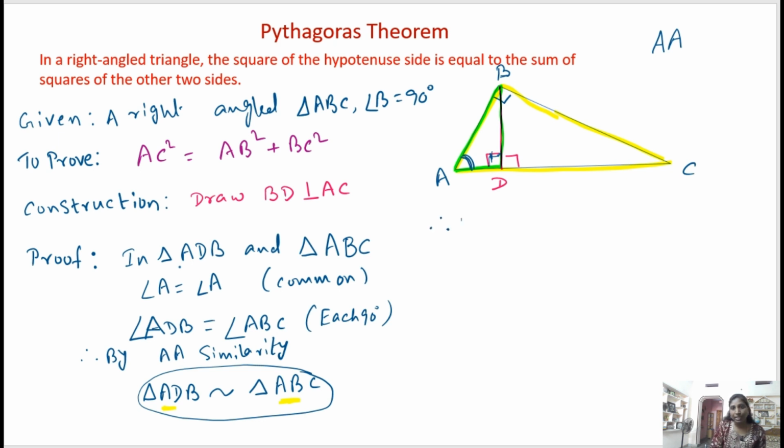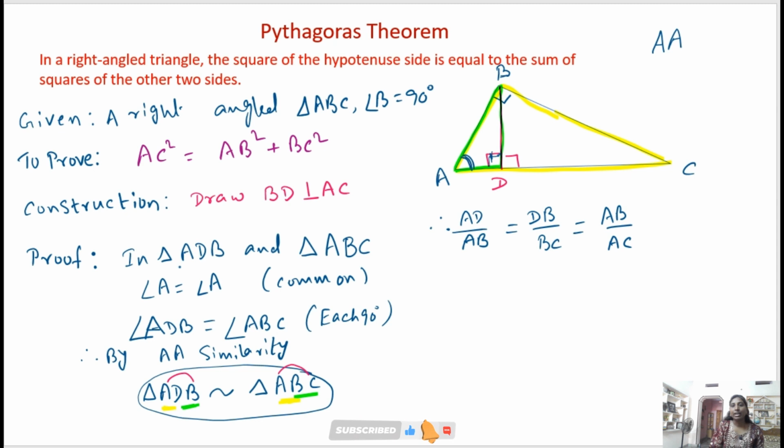Therefore we can write AD by AB is equal to DB by BC is equal to, one more is there here, what is that? AB by AC.